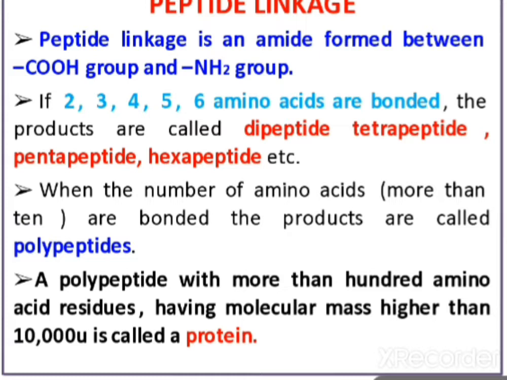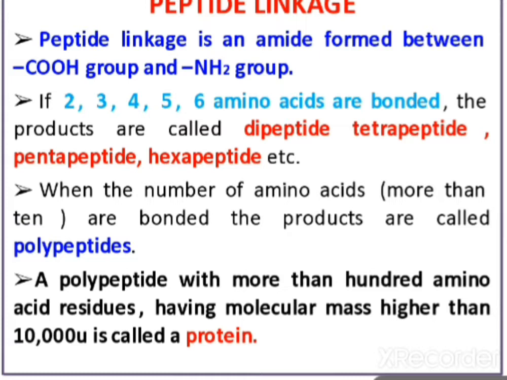When two amino acids combine, the linkage or bond is formed between the carboxylic group of the first amino acid and the amine group of the second amino acid, and from the carboxylic and amine groups one H2O is removed. From the amine one H and from the carboxylic OH, that is H2O. So the remaining part is NHCO. That bond is known as amide bond.